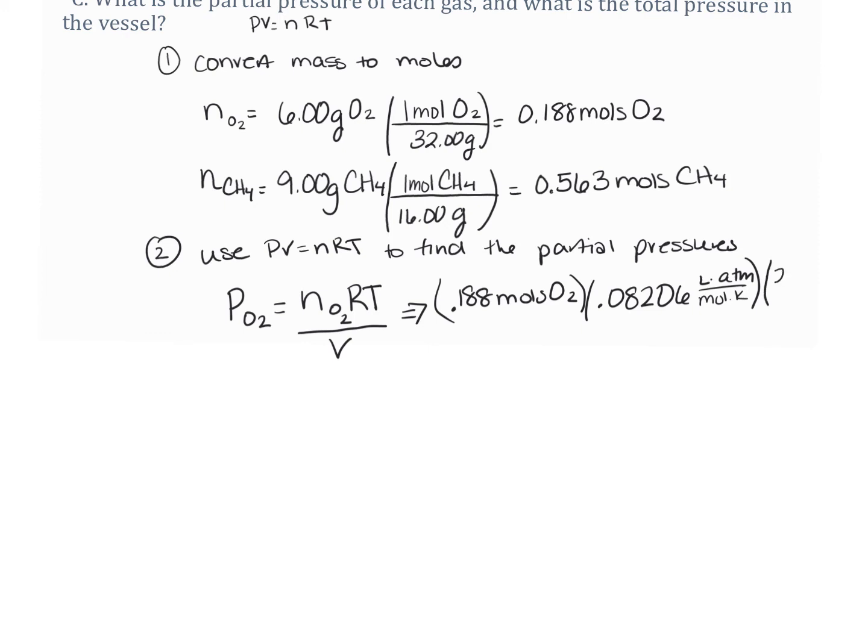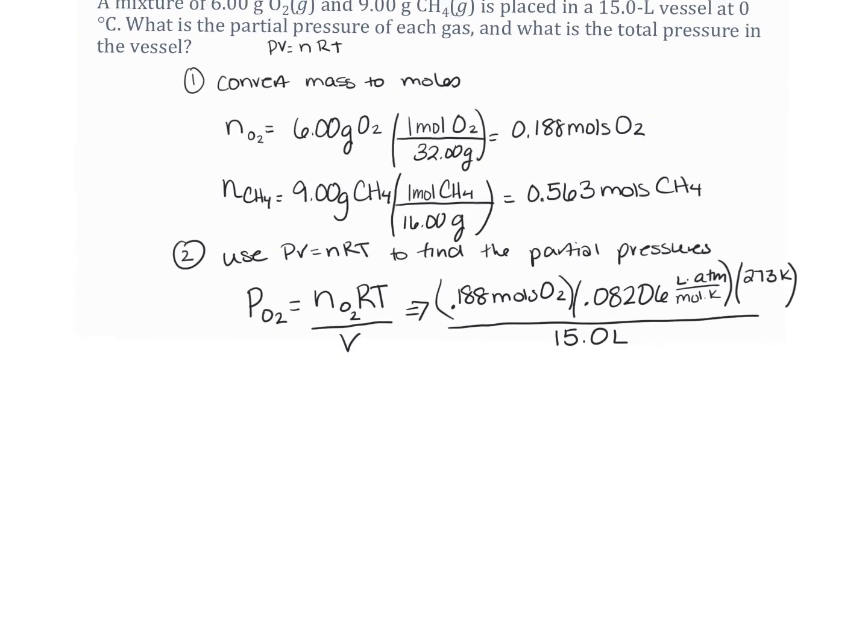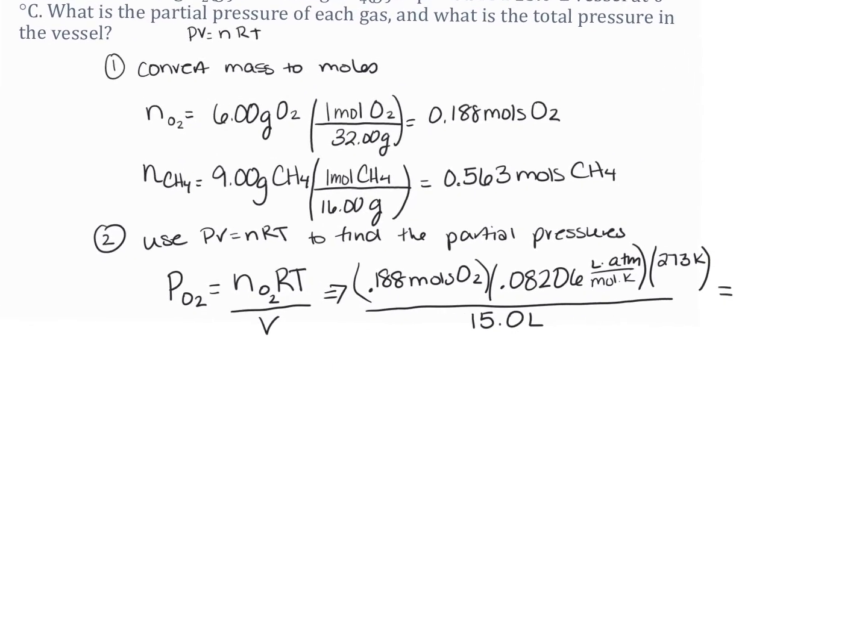And so 0 plus 273 is 273 Kelvin. We need to divide by the volume. We look back up at the problem, and it's a 15-liter vessel. And so we're going to divide by 15 liters. Okay. When we do this math, we get 0.281 ATM.